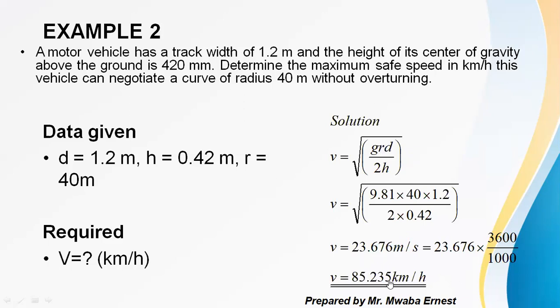Whoever exceeds this speed with such a vehicle will end up going through that problem of overturning, similar to what we saw in that truck which was negotiating a curve, and then at the same speed another car which was following it overturned because its center of gravity was high above the ground and it exceeded the speed which is allowed for it in those parameters. So that is how this is done.